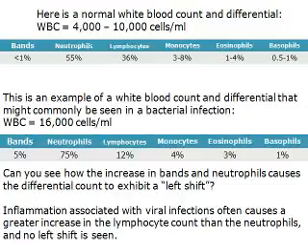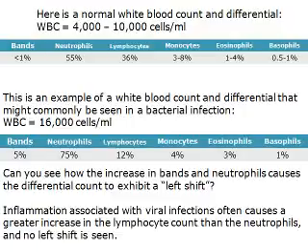And the neutrophils have gone from 55% to 75%. This is what's called a left shift, because the cells on the left side of the equation have gotten higher. That's what we're talking about. So when you hear the words left shift, you need to be thinking of a bacterial type infection.